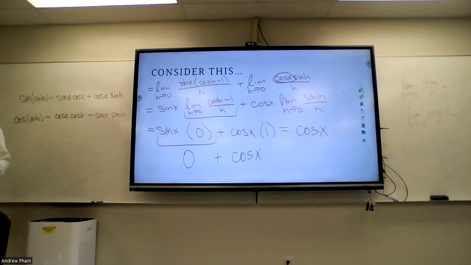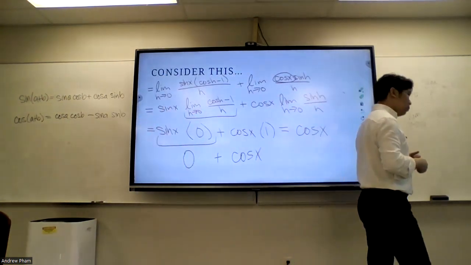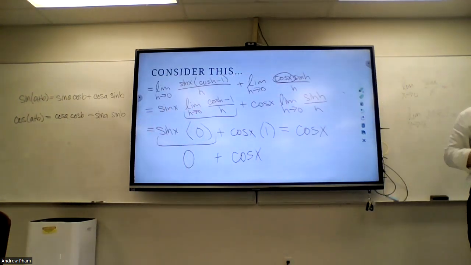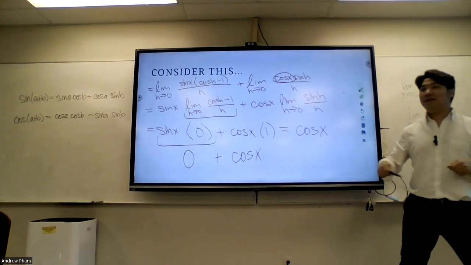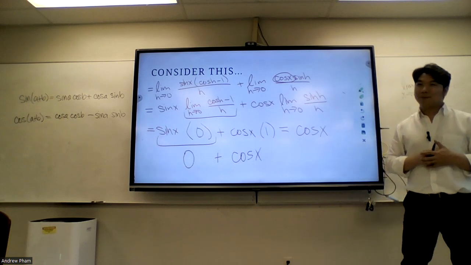We know that the derivative of sine is equal to cosine, and we've just shown it using the old limit definition. We started with f of x is sine, and then we eventually ended up that f prime, the derivative, is cosine.